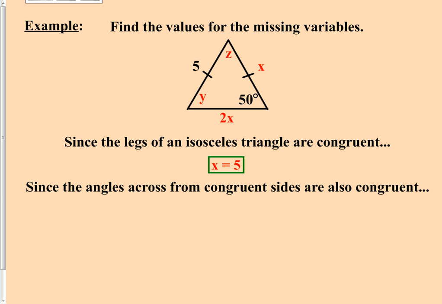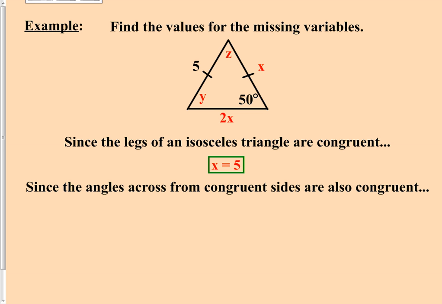Okay, now let's look at the angle measurements. One of the rules or properties that we have used this unit is that the side lengths and the angle measurements are related to each other in a triangle. If you have a very large side length, then across from that side length you will have a very large angle. If you have a small angle, then across from that angle will be a small side length. But we said that also works if you have a tie.